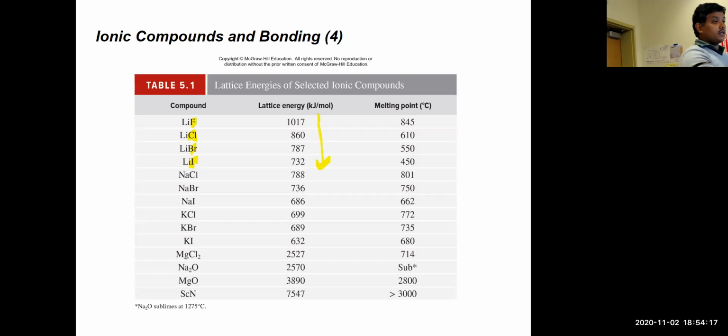And let's look at another case. Sodium, when making a bond with chlorine, bromine, and iodine, there should be some trend again. The trend is that lattice energy is decreasing as the ionic radius of the halogens increases from chlorine to bromine to iodine. And again, you can see the same trend here. Potassium, when making a bond with chlorine, bromine, iodine, you see that according to the trend, the lattice energy is decreasing.